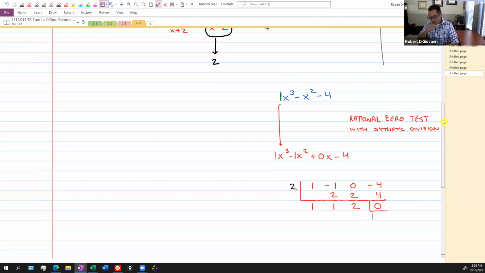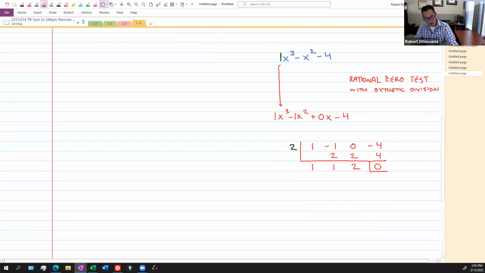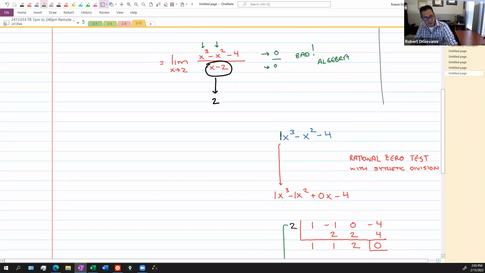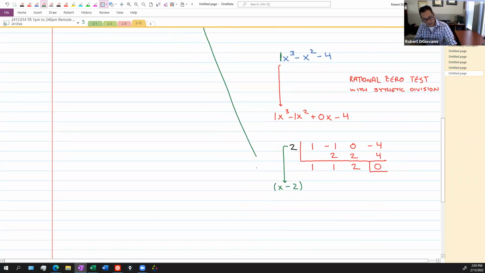Well, what this tells me, and this is where you go back to college algebra, which was a long time ago for some of you, right? What you can do with this now is this. You can use this number here to create the first factor, x, and then you take the opposite of it. In other words, remember this was x minus 2, you just slap it down here. And then what remains, these three numbers, 1, 1, 2, are the coefficients of the remaining polynomial.